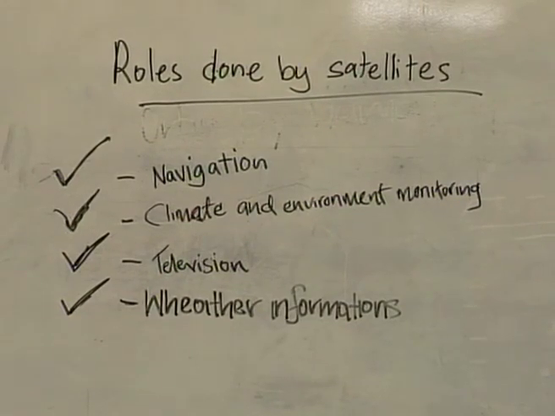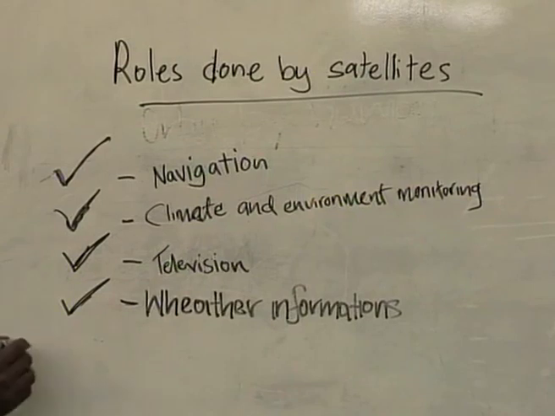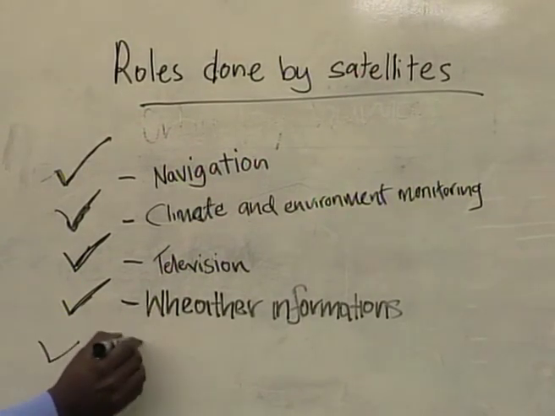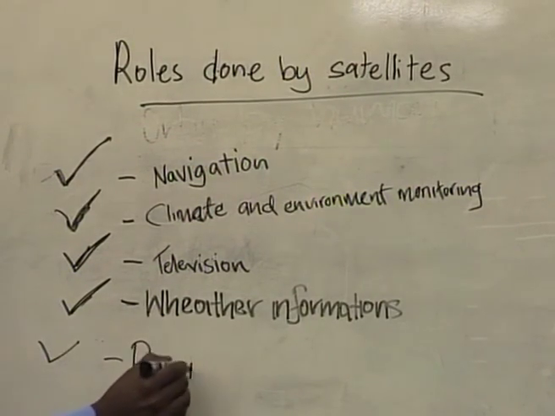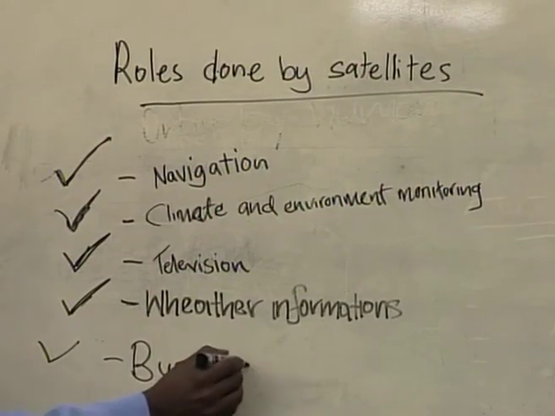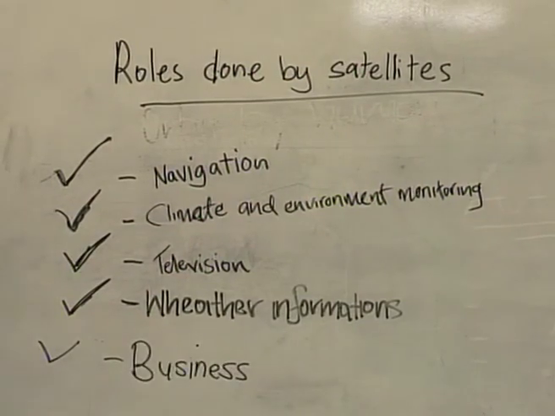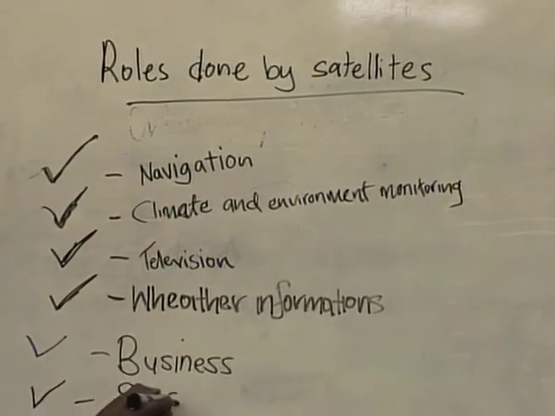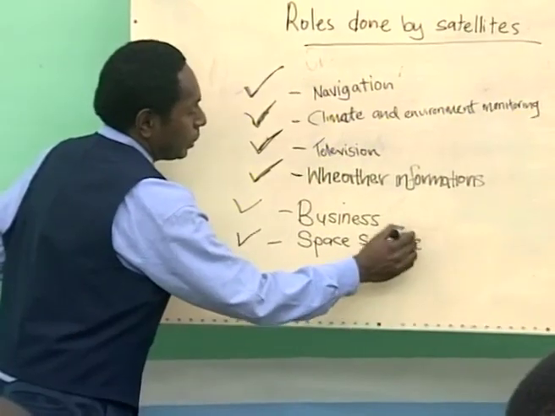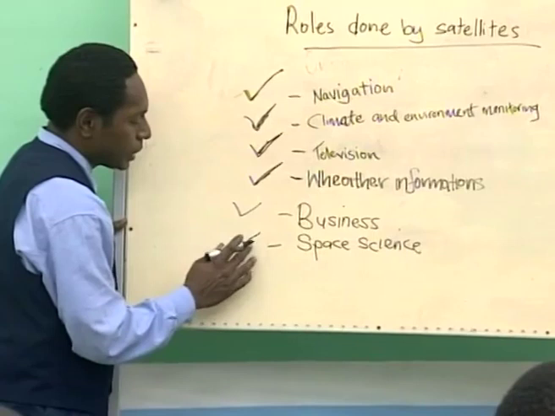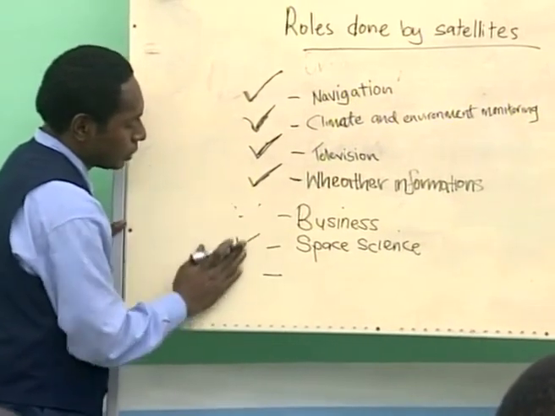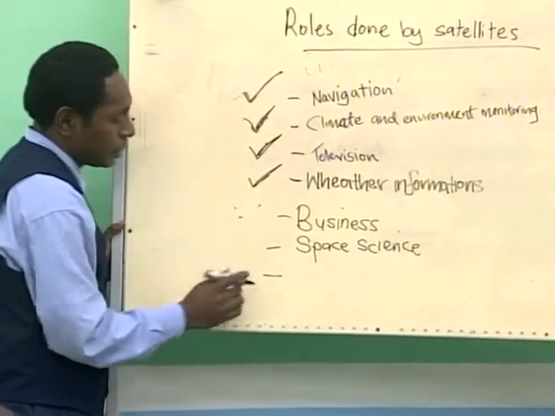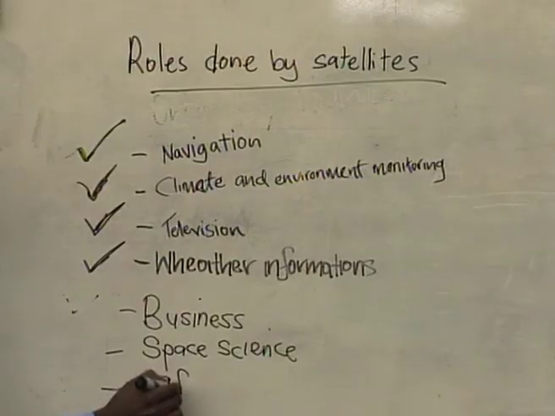Like, it helps in business. If you were listening very carefully, watching and taking down notes, you would have got business. The last one? Space science. That was the last one. And it helps us in safety.